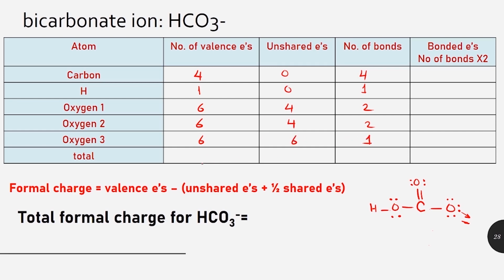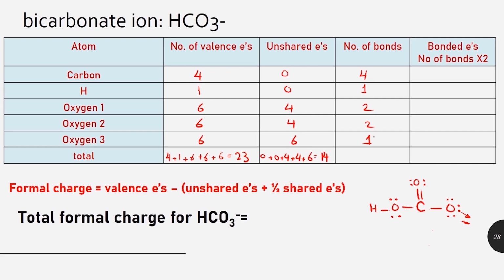The total number of valence electrons is equal to 4 plus 1 plus 6 plus 6 plus 6 equals 23. The total number of unshared electrons is equal to 0 plus 0 plus 4 plus another 4 plus 6 equals 14.